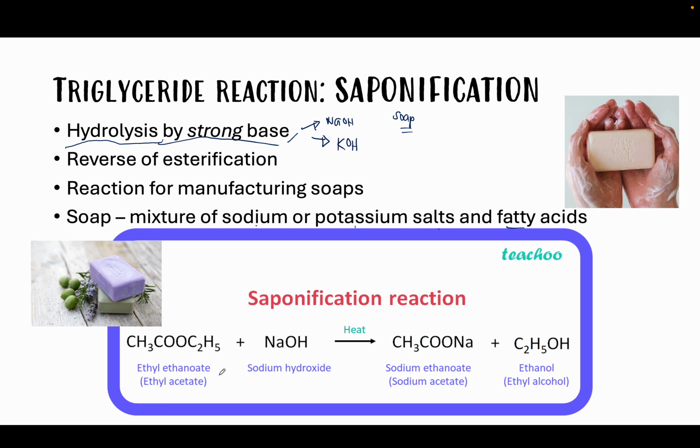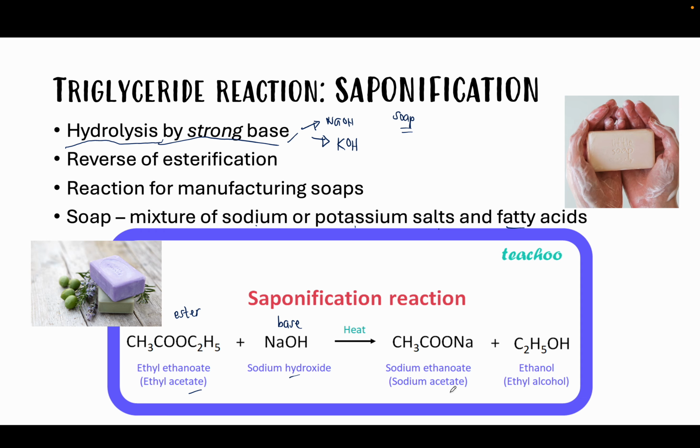One example: if you have ethyl acetate, what type of compound is this? This is an ester. And then you have a strong base, in this case sodium hydroxide. Then you subject it to heat.